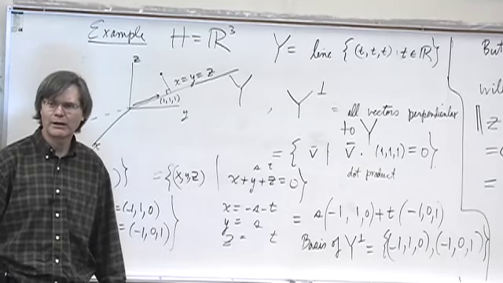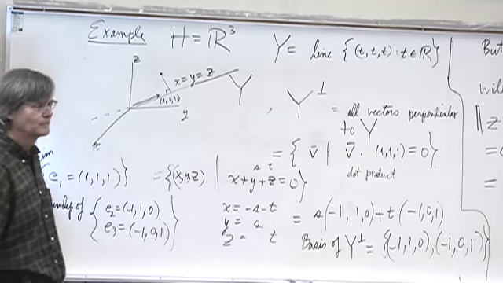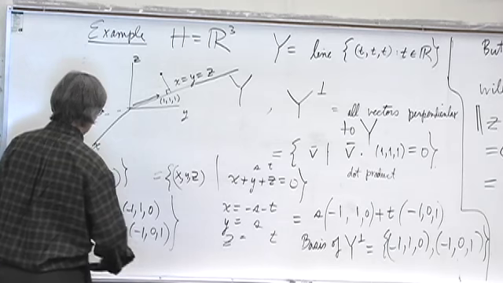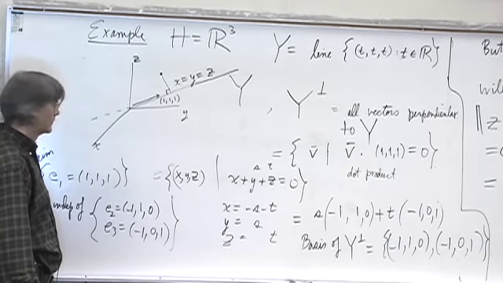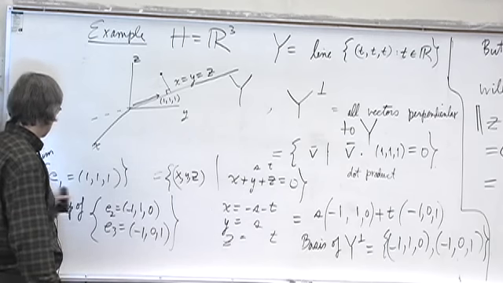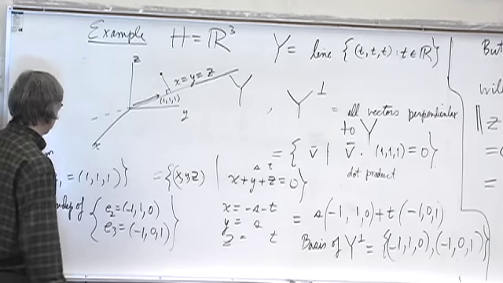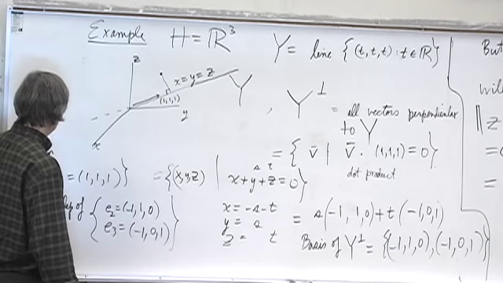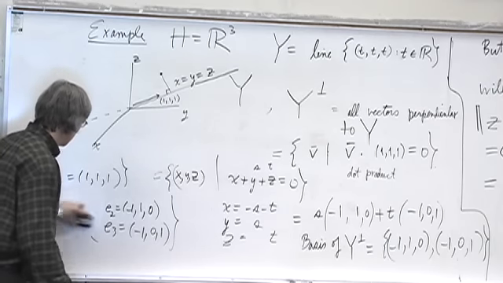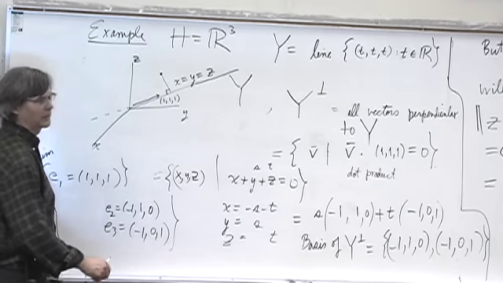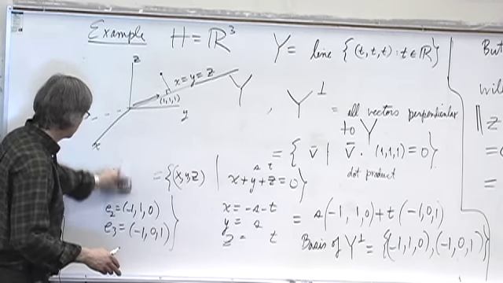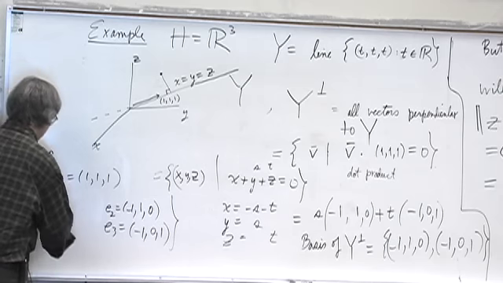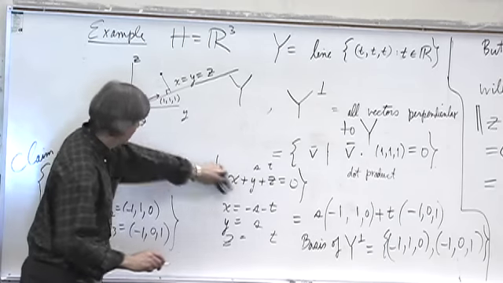Does anybody remember that? If you take a linear combination of the basis vectors and set it equal to 0, then all the scalars have to be 0. Yeah, in fact, all these three are linearly independent, I guess. So let's just put all these three. We already knew that E2, E3 was a linearly independent set. Well, I'll just claim the whole thing is linearly independent. That's easier to state.